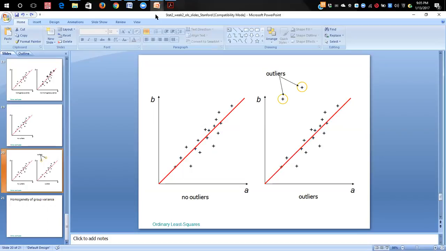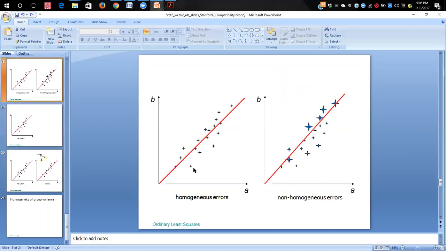All right, so this again is the homogeneity or homoscedasticity. On the right side of the slides is the heteroscedasticity or non-homogeneity of the variance of the different groups in your sample population.